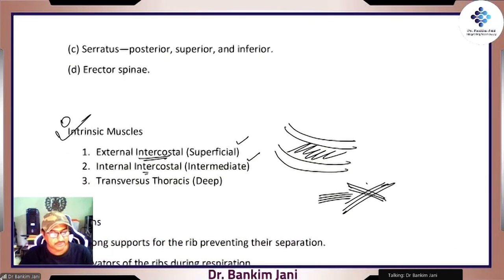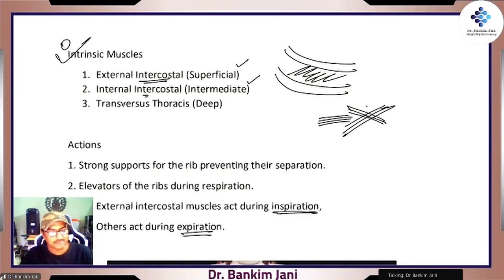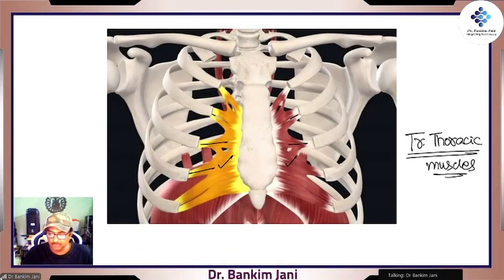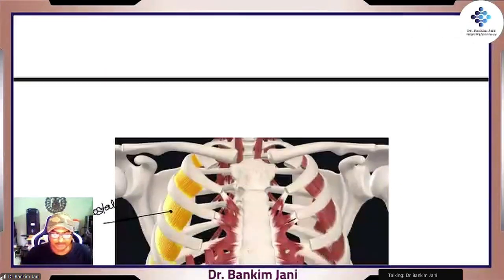Like serratus posterior inferior, erector spinae. Intrinsic muscles are external intercostal, internal intercostal, and transversus thoracis. They are the deepest. The external intercostal is superficial, the internal one is deeper, and transversus thoracis is the deepest. Here is how these muscles are arranged.